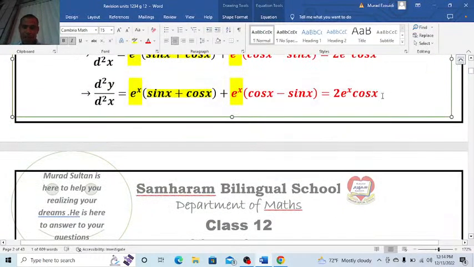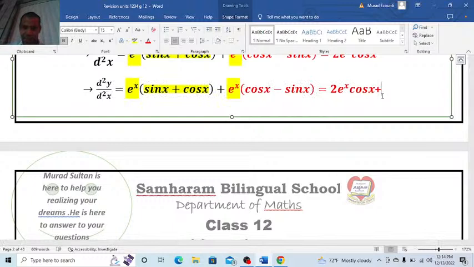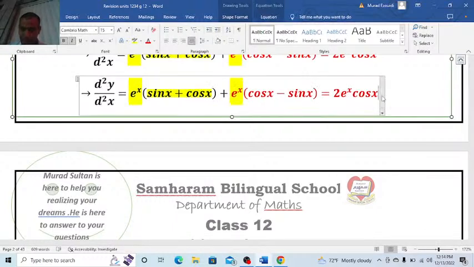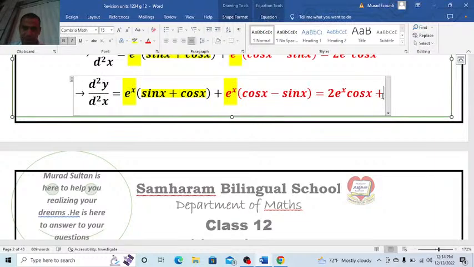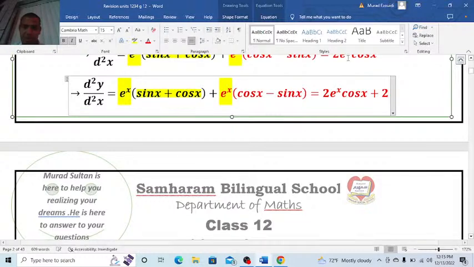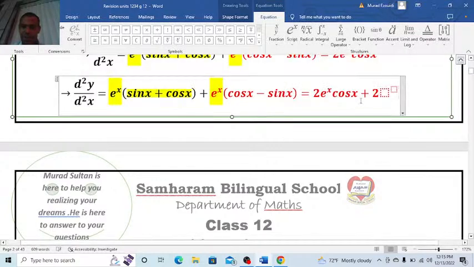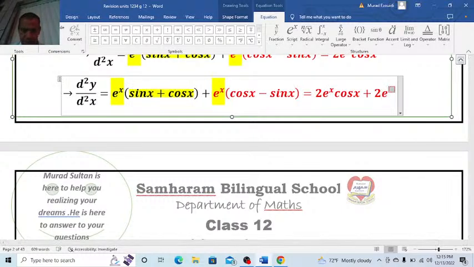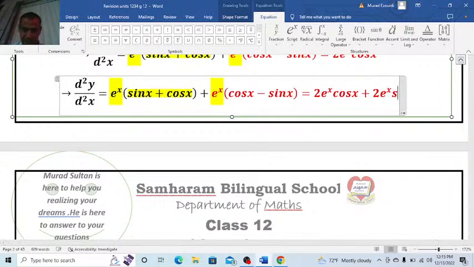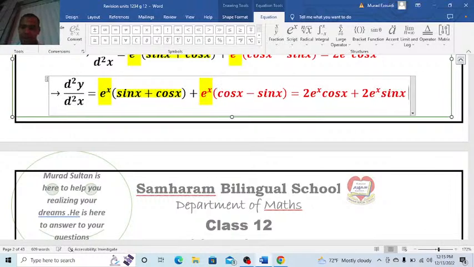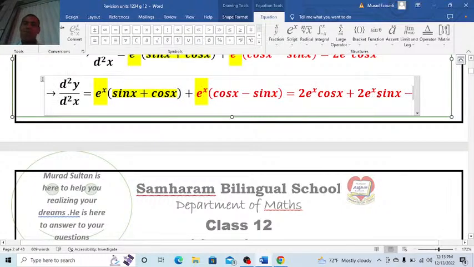Now I will make an addition: plus 2 exponential of x, multiplied by sine of x. As I added 2 exponential sine of x here, I should subtract the same here.